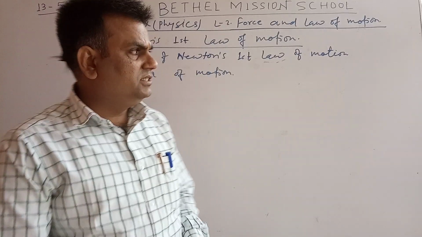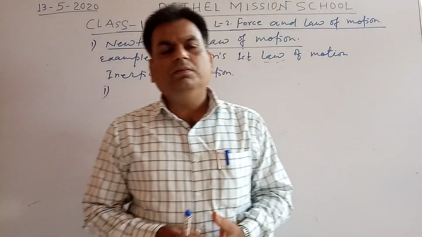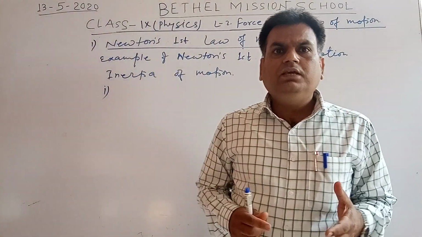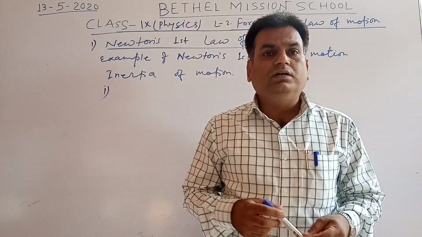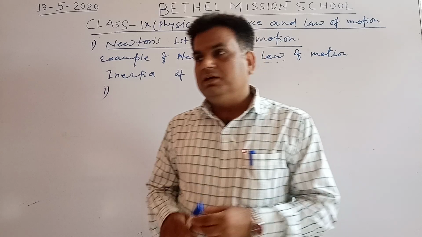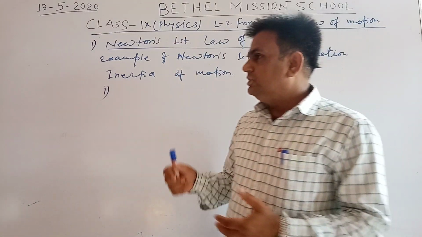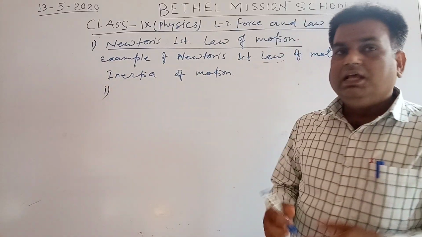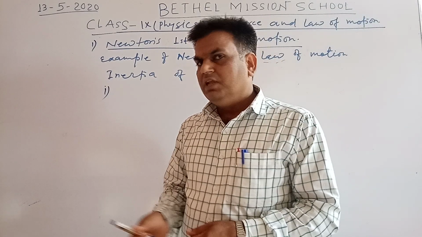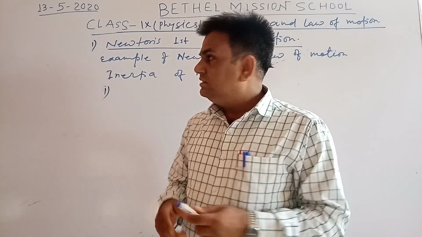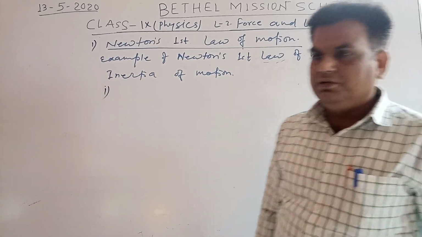As the bus stops, the part of our body which is in contact with the bus stops suddenly, but our upper part of the body remains in motion due to inertia of motion. That's why the passenger moves forward. So this is an example of inertia of motion.